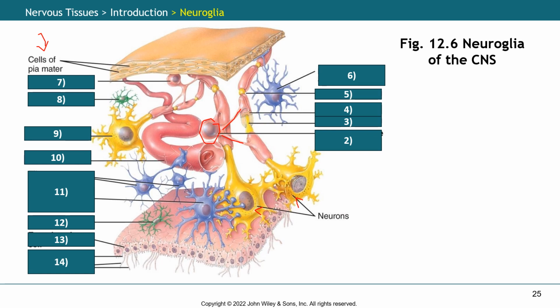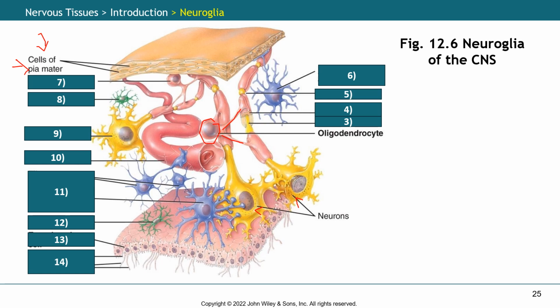This seems to be not from the peripheral nervous system. This seems to be from the central nervous system. And as I said, this is the pia mater, that is the spinal cord or the brain. So here, those cells are not the Schwann cells. These are going to be the oligodendrocytes.